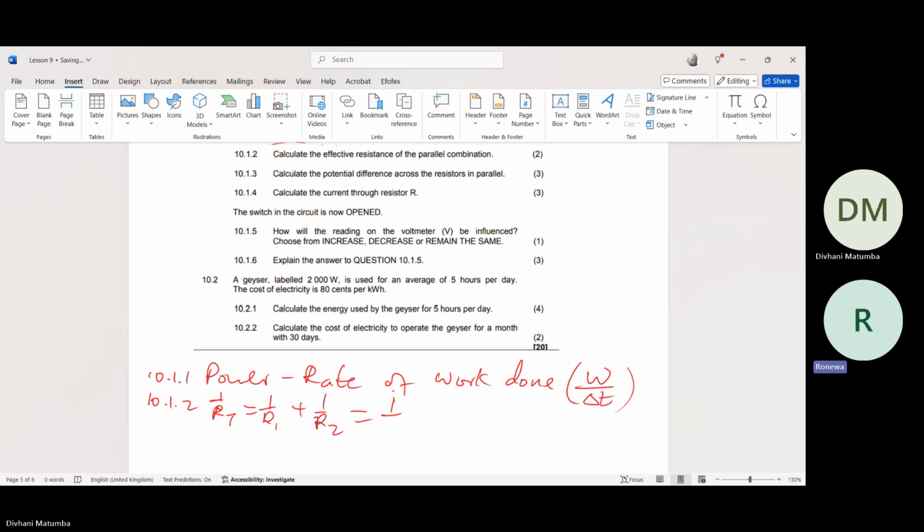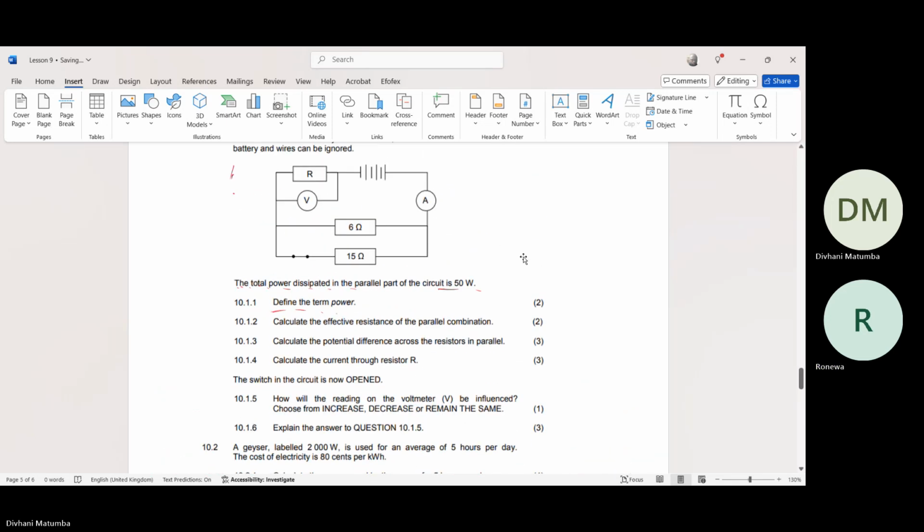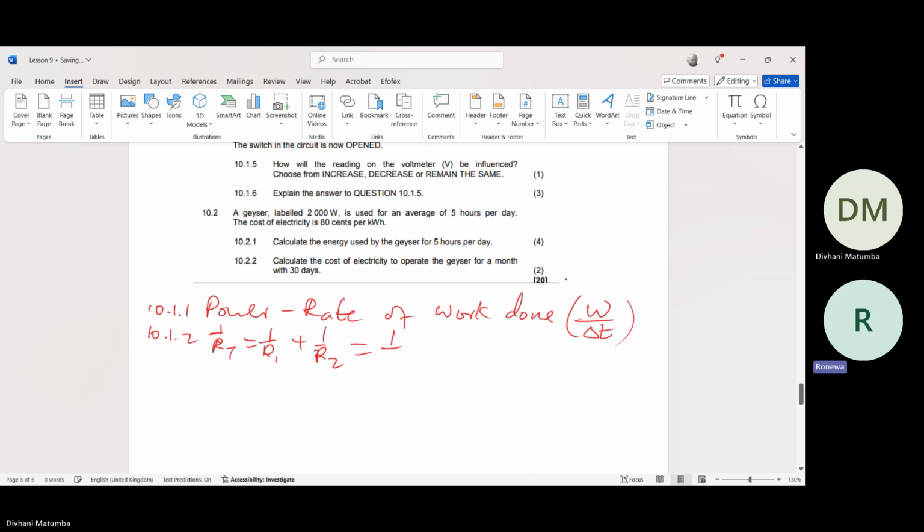So can I see the diagram? Okay, so it would be 1 over 6 plus 1 over 15. Which is going to be, let's see, how much? That's going to be 7 over 30.